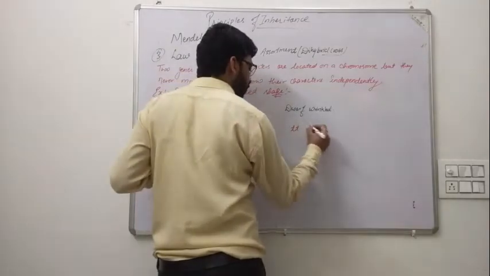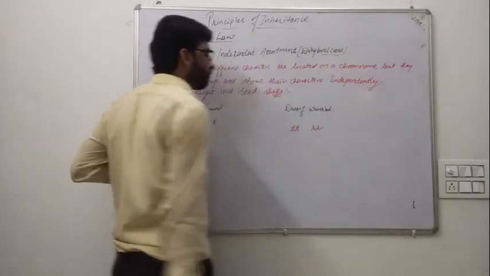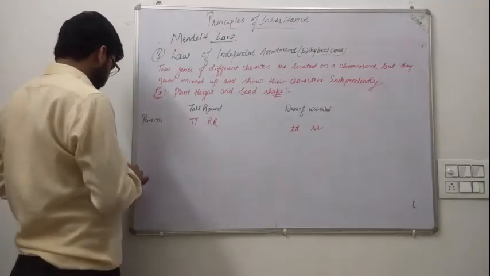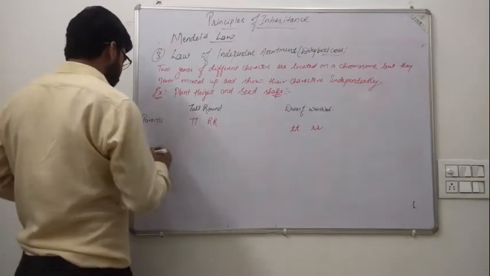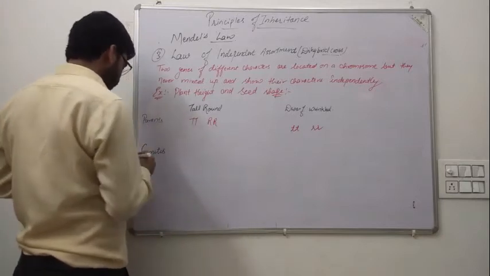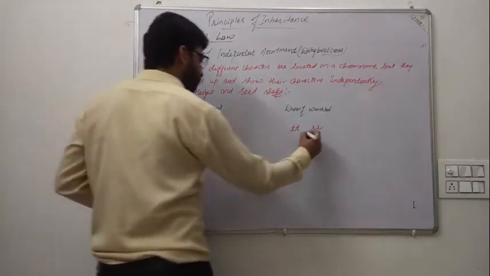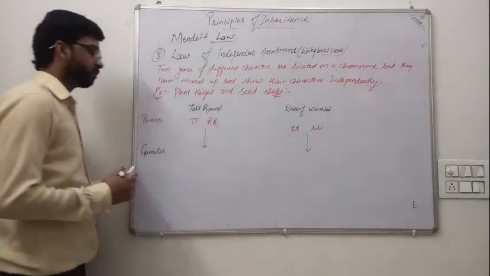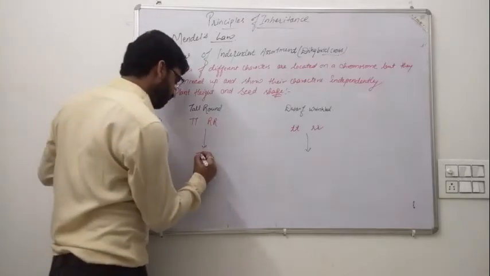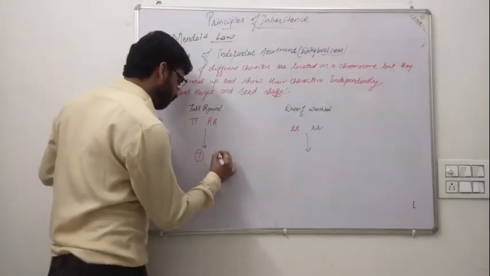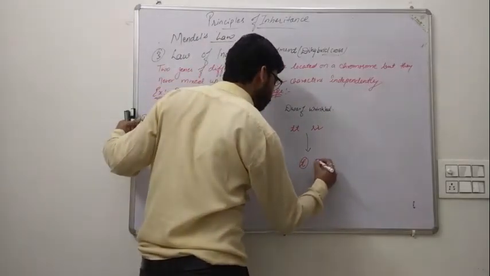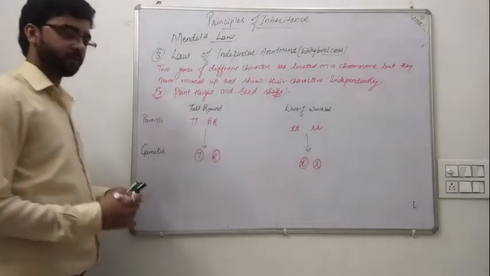Small t for dwarf and small r for wrinkled here. During meiosis, gametes were formed. Gametes are capital T, capital R, and small t, small r.